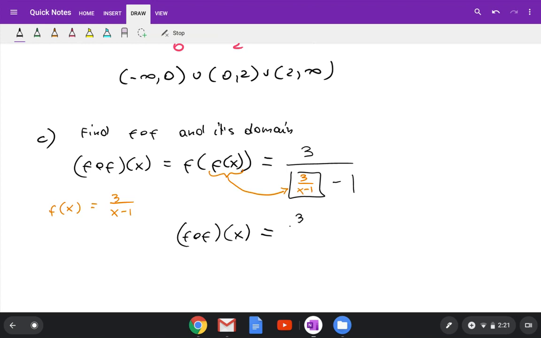So we're having 3 over x minus 1 minus 1 over 1. So you can put it that way. So the same idea, you need to create a common denominator. So the common denominator is going to be x minus 1. So you always take the two denominators and multiply them together. Since x minus 1 times 1 will give you x minus 1, I multiply the second fraction, 1 over 1, top and bottom, by x minus 1.